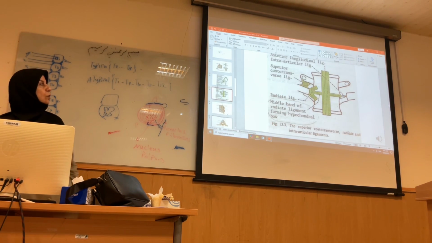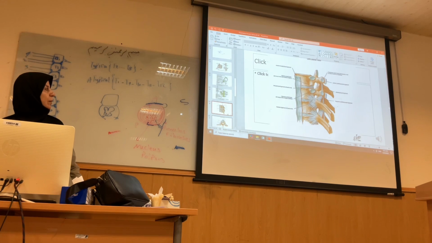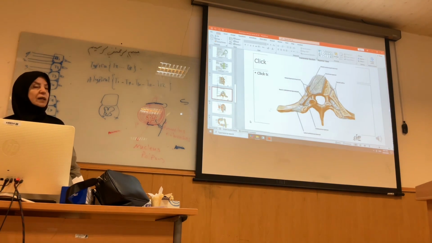And here we are going to look at the anterior longitudinal ligament, radiate ligament, superior costotransverse ligament, and in this picture, it is a transverse section.